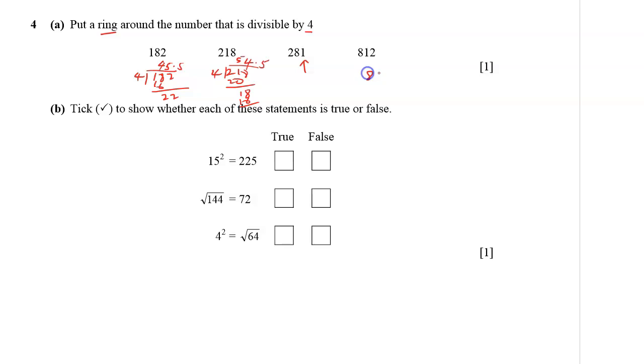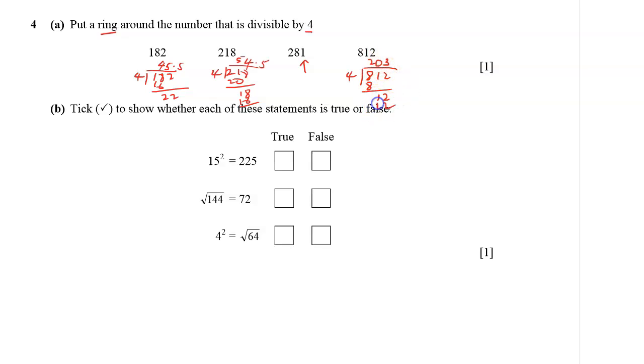So we go to 812 divided by 4. This goes 2 for 8. Of course, this brings down 1, and here goes 0. Then 2 for 3.